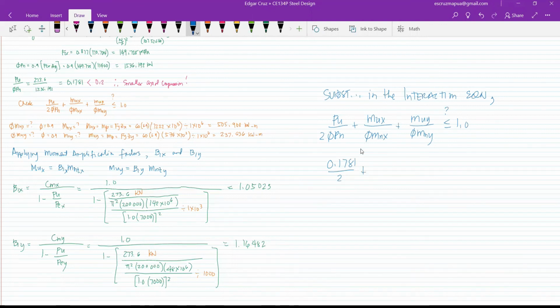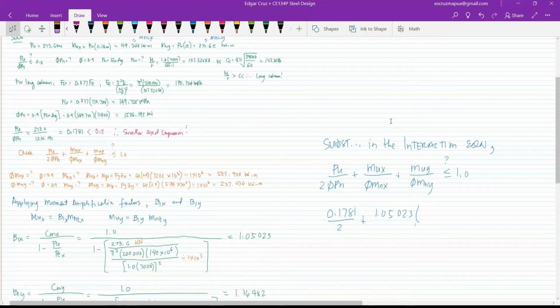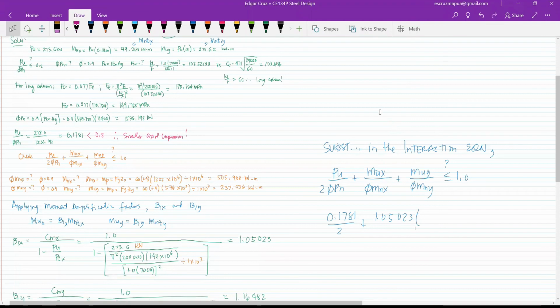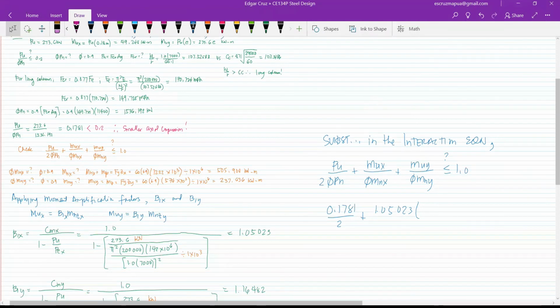Plus, yung MUX natin is B1, 1.05023 B1 times MNT. Ang MNT natin is about X, 49.248.